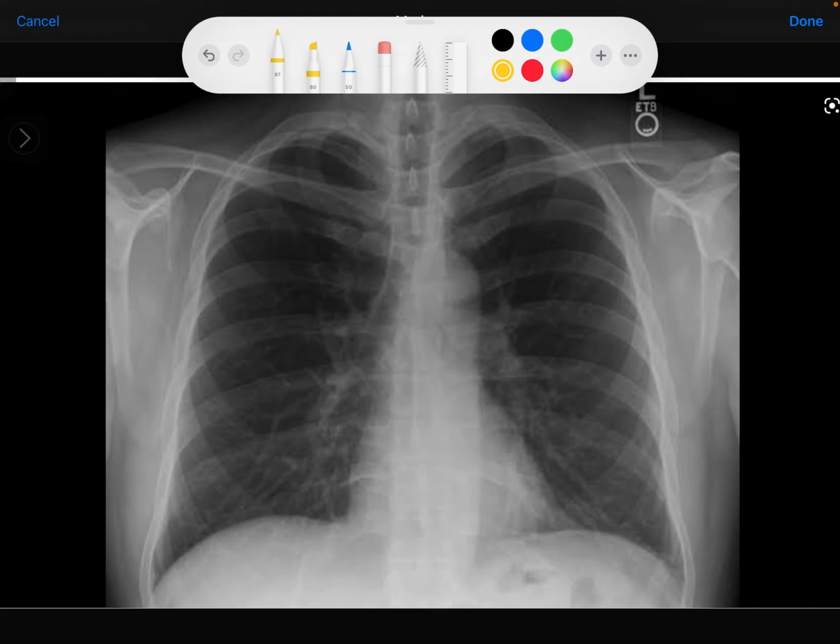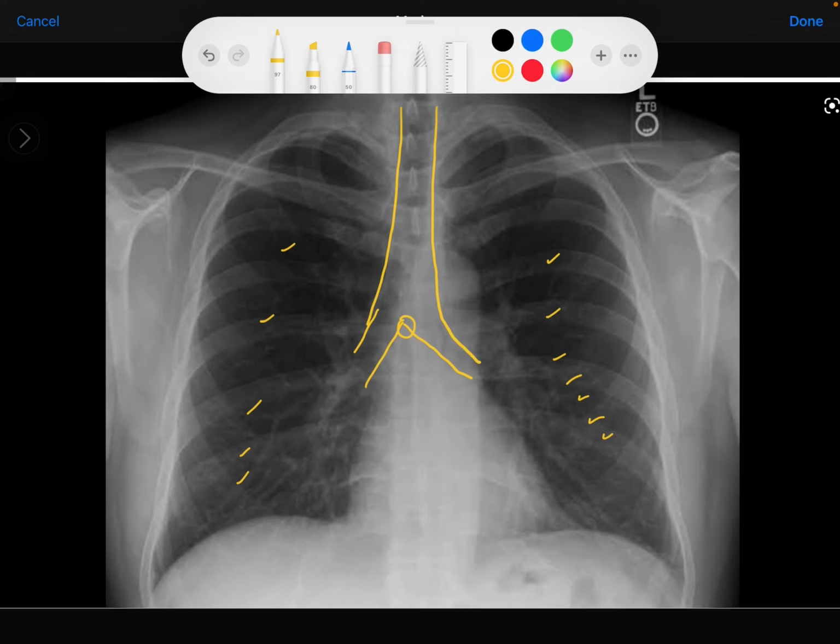The next thing you need to see is the lung fields. Here it is normal. Then you can see the trachea. This is the trachea, and this part is the carina. Trace out the trachea.